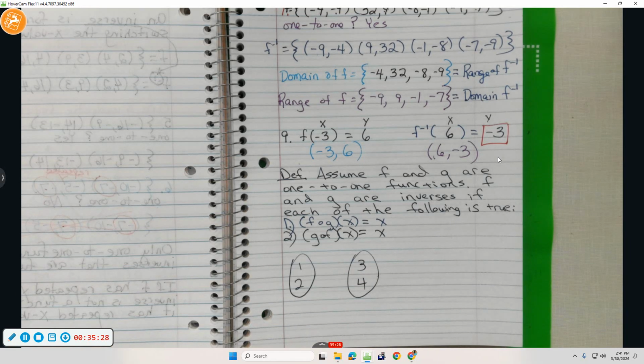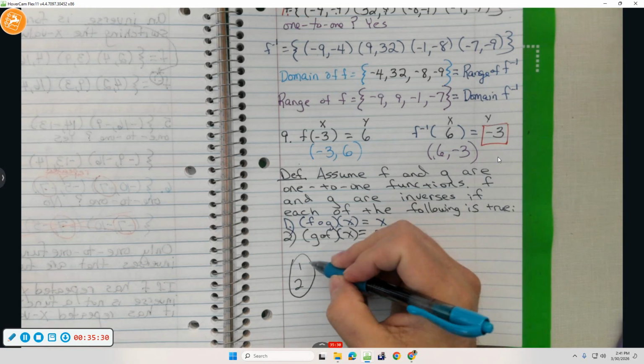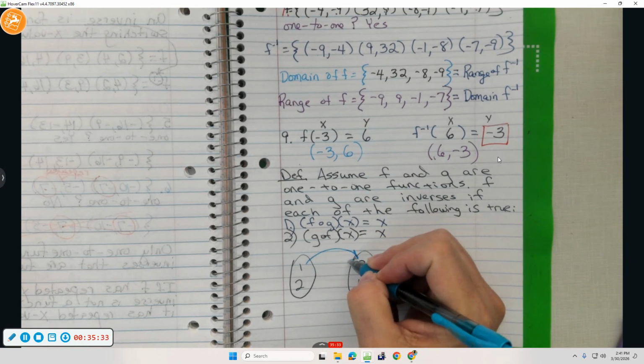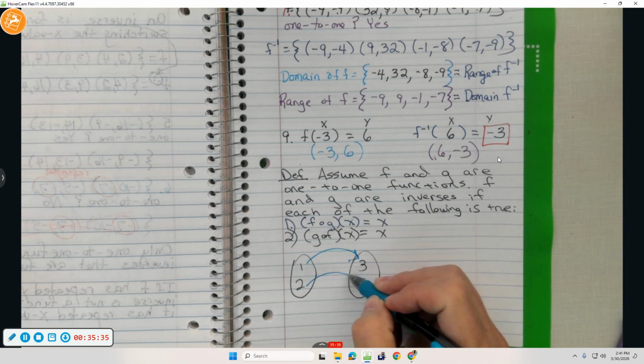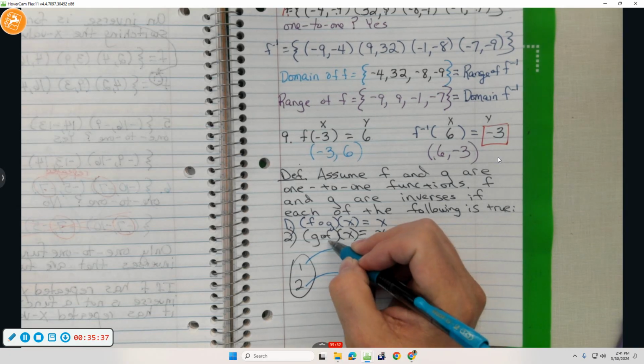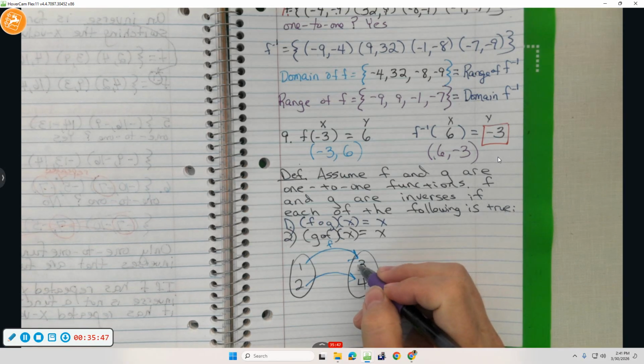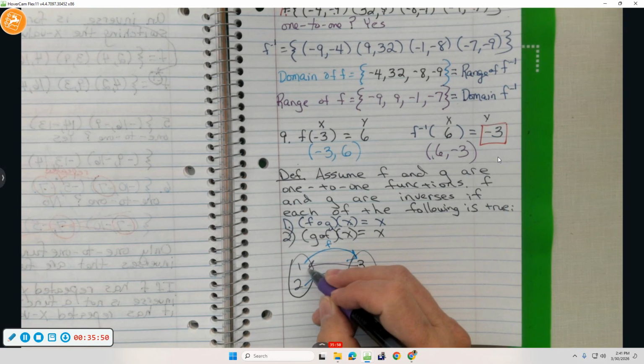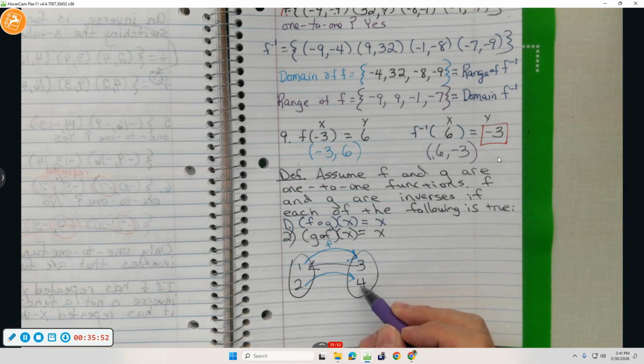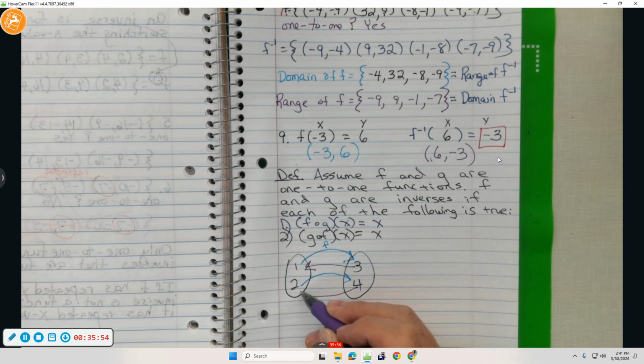Let's suppose f takes 1 to 3 and 2 to 4. That's function f. Now intuitively we know that if we're looking at an inverse, the inverse must take 3 back to 1. And 4 has to go back to 2.